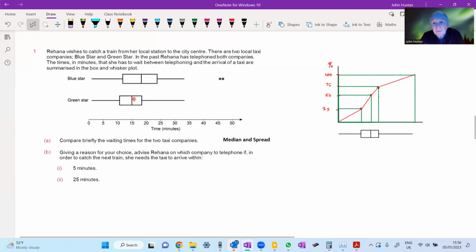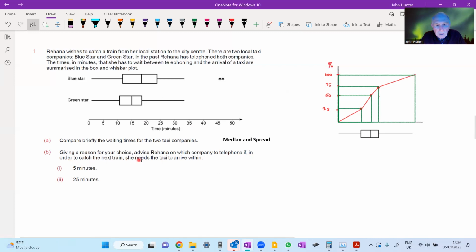So then you have to think, well, what we're interested in, is it the predictability of the arrival of the taxi, or is it the median? That might come into play.